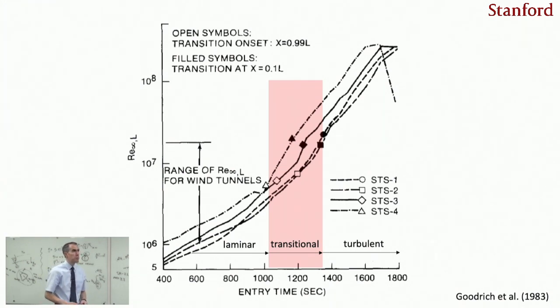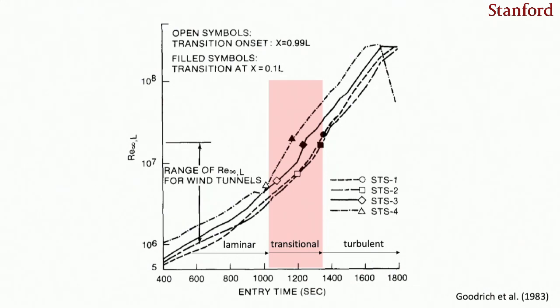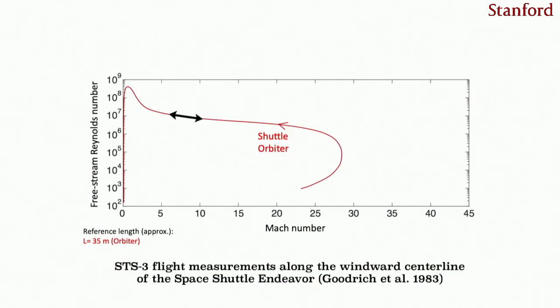So one perhaps more useful plot is this one that I'm going to show you next, that gives you the Mach number in the horizontal axis and the Reynolds number in the vertical axis.